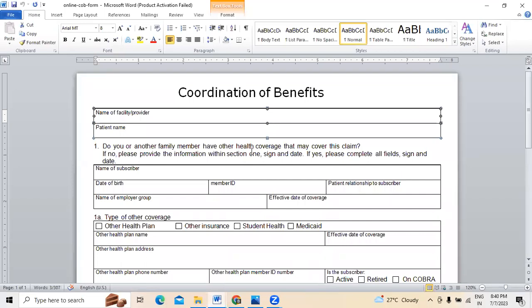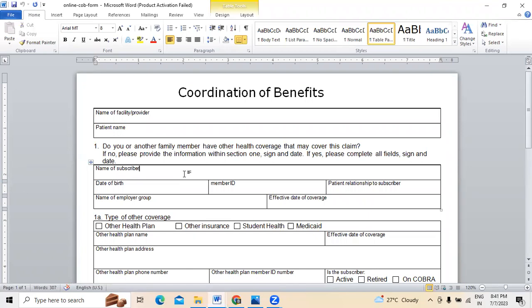You have to do it. This coordination of benefit form will have all the details: the subscriber details, which insurance plans they had, and everything. The medical procedure, whatever treatment was given to a particular patient, with the detailed medical procedures, comes under the claim submission form.